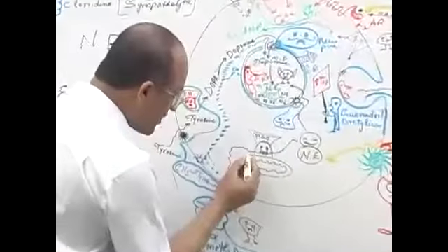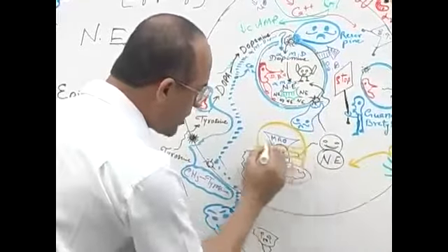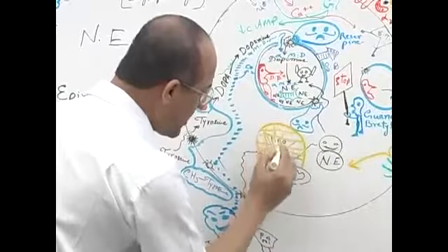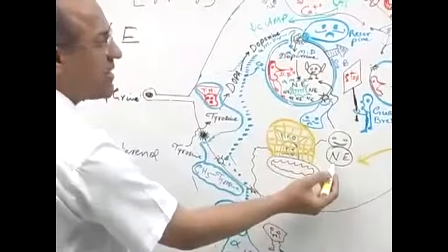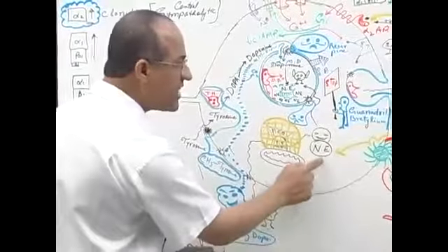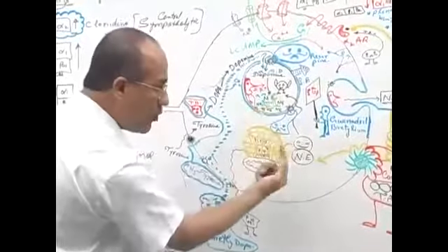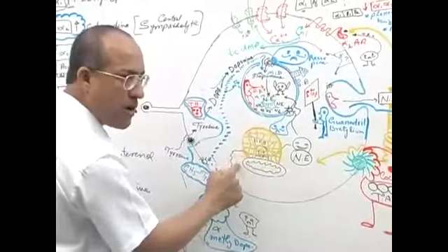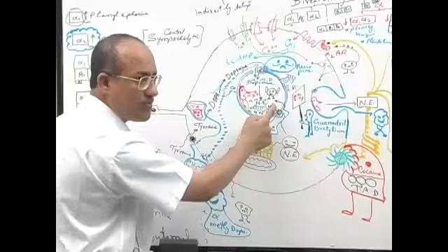You block MAO, monoamine oxidase. You put a drug, and this is like a basket, and it is trapped. Now when norepinephrine is coming back, can it be destroyed by this? So normally a part of the norepinephrine is destroyed by MAO and part of it is stored again into the vesicle.